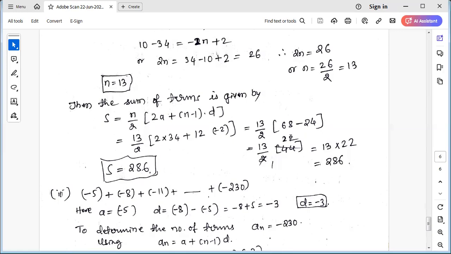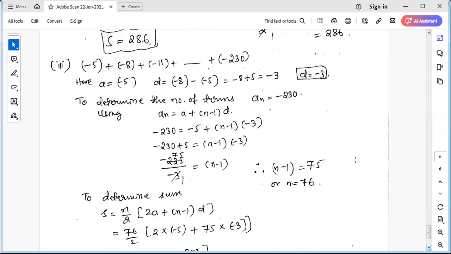So 68 minus 24 gives 44. So this is 13 by 2 into 44. Here you can cancel, 2 twos are 44. So it becomes 13 into 22. 13 into 22 is 286. So the sum is 286.